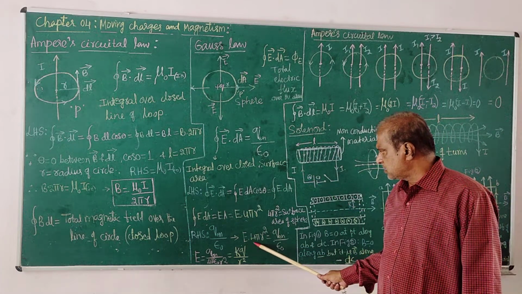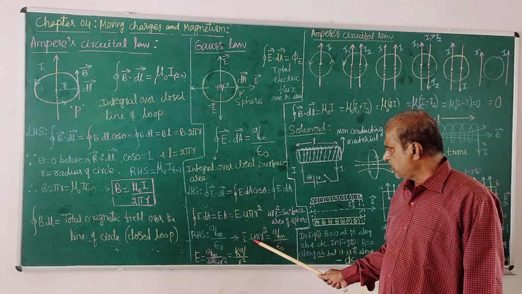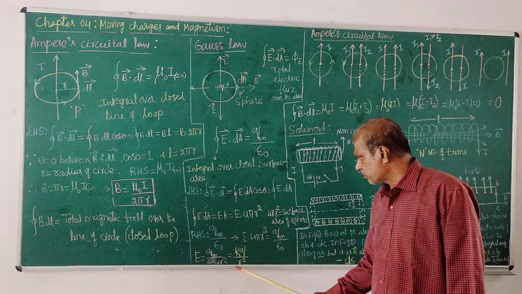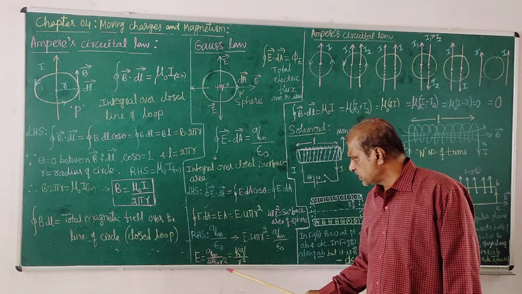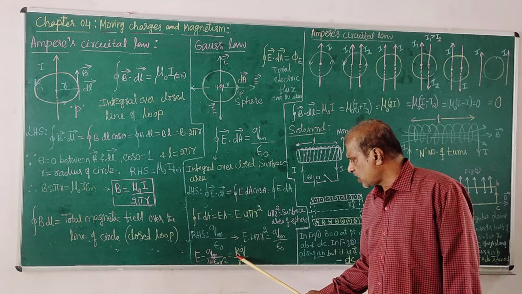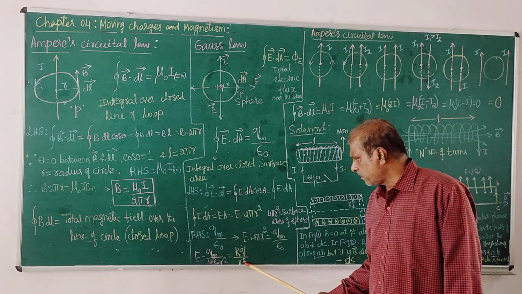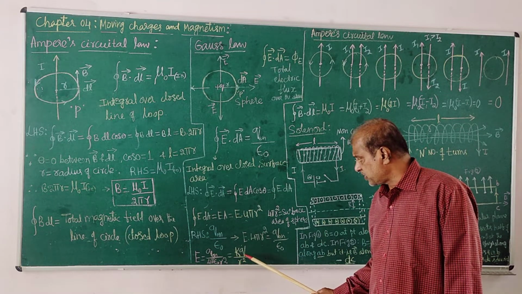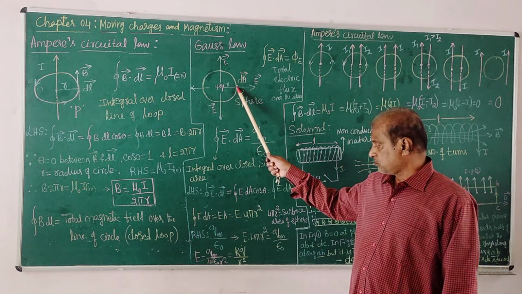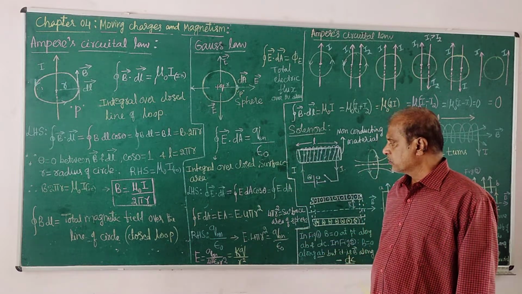This LHS equals this RHS. Simplifying, E equals, this goes to the denominator, and the final expression is 1 by 4 pi epsilon naught, which is K. We know that it is Coulomb's constant. KQ divided by r square. So this is how we arrive at this equation, the equation for the electric field at this point, which is the easiest way to approach this geometry.